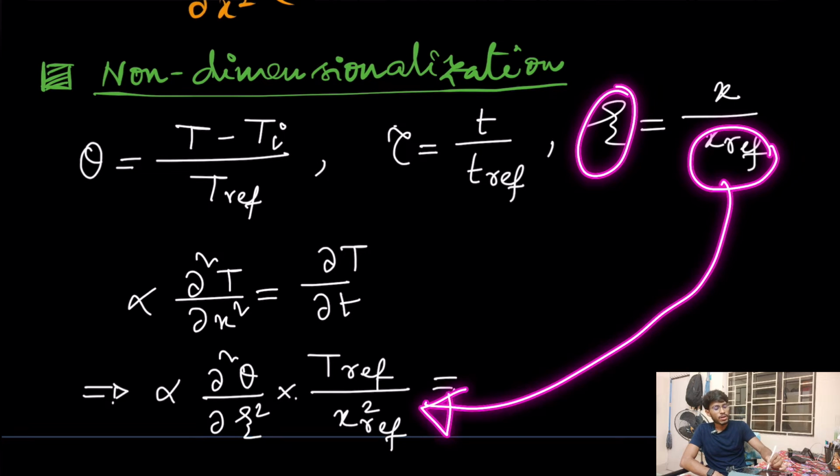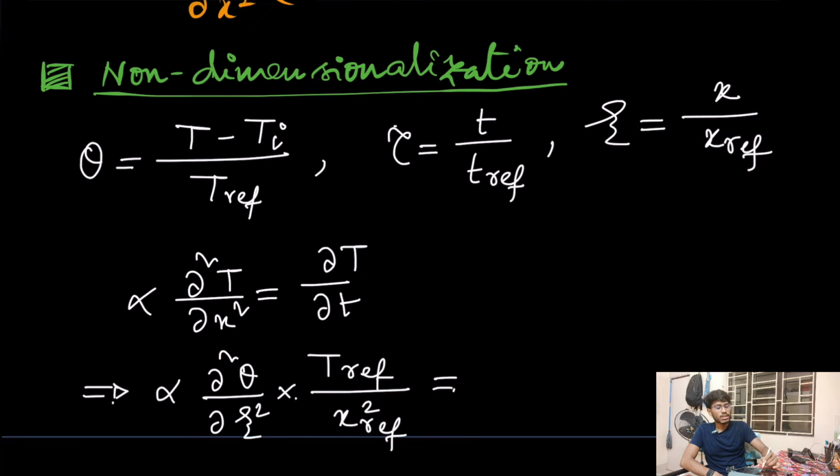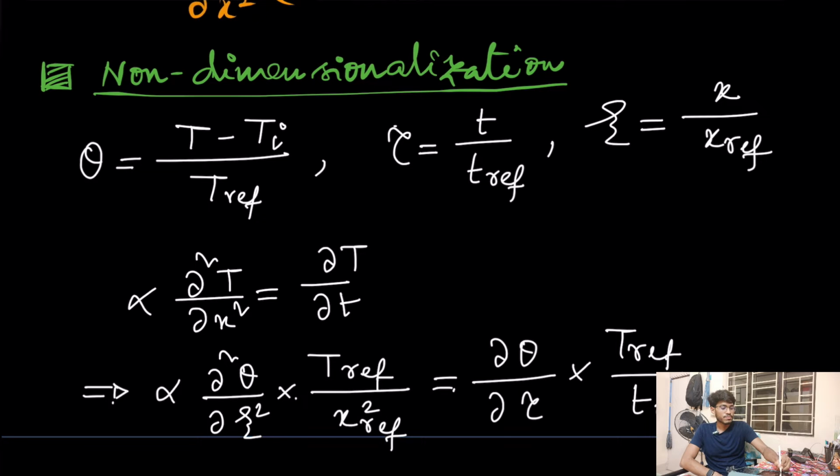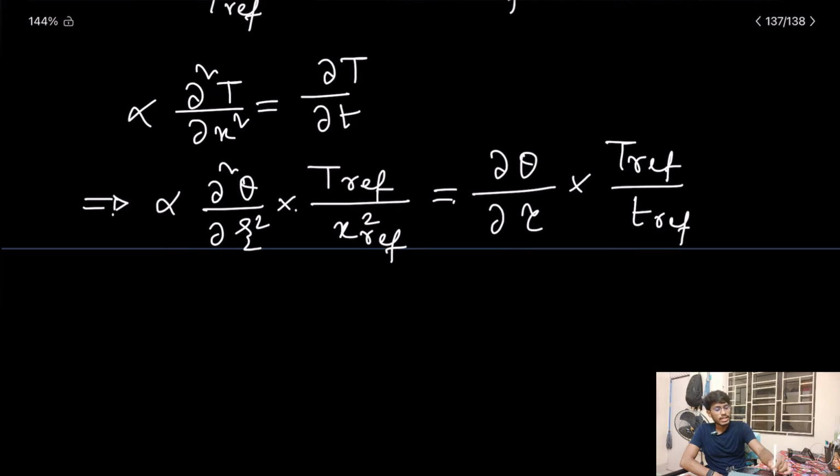That is why I have to multiply x reference twice, because I was having here x square. Similarly, I have to write theta here and tau here, but I have to multiply T ref here and what else? Small T ref here. Okay. So now T ref and T ref will be cancelled out. Clear?